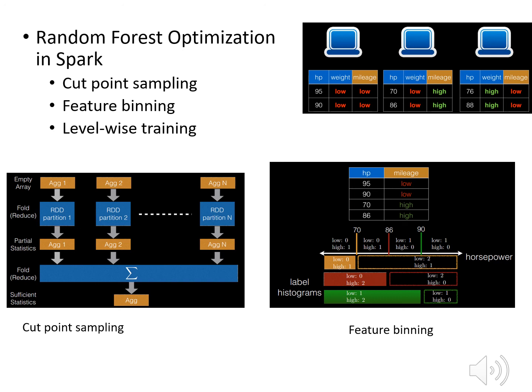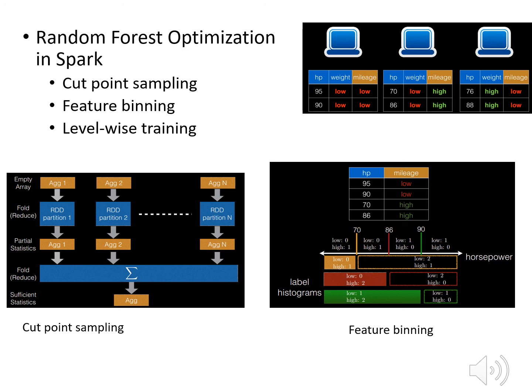On a local machine, when building the decision tree, it will move the data around so that the data for the same node is together. However, this is not efficient in a distributed system because the dataset is too large to be placed together.